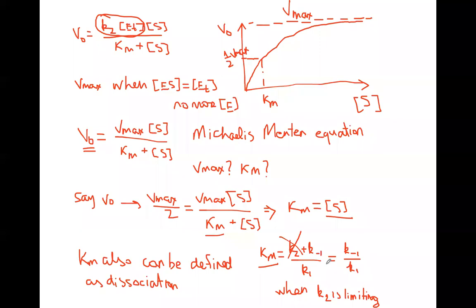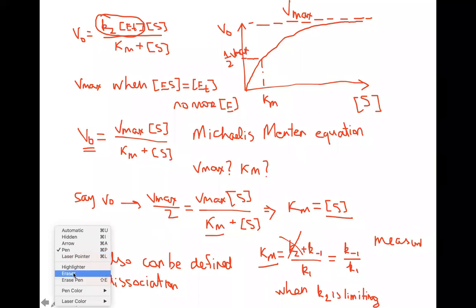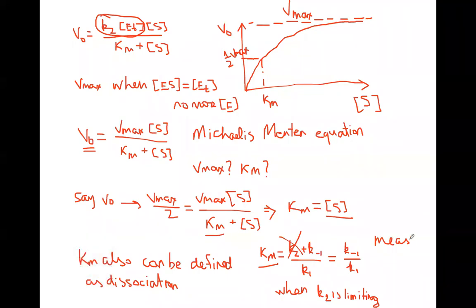Okay, so then the Km is the measure of affinity of substrate to enzyme. Does it make sense? Yeah.